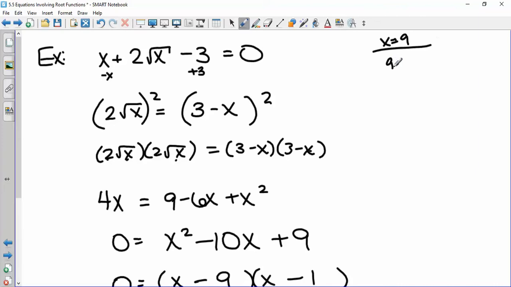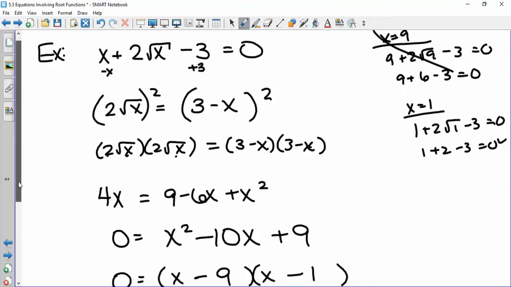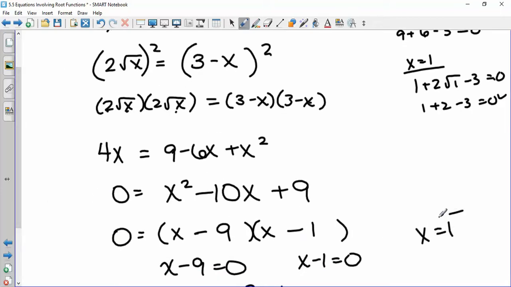So if you put in 9, we'll get 9. Does it have to equal 0? It has to equal 0. Then no. So 9 does not work. If we put in a 1, you get 1 plus 2 minus 3 equals 0, and that does work. Bam. So x equals 1 is the final answer.